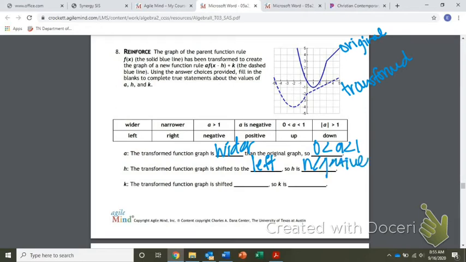All right, and K just goes up or down. Is that dotted line below the solid or is it above? It would be below. So it is shifted down. And it's down on that y-axis, so it's on the negative side. So it is a negative K.